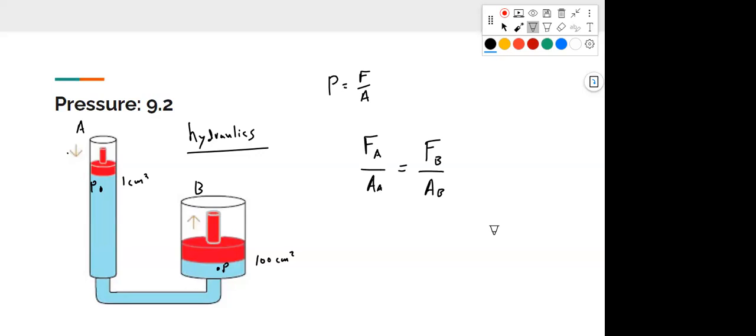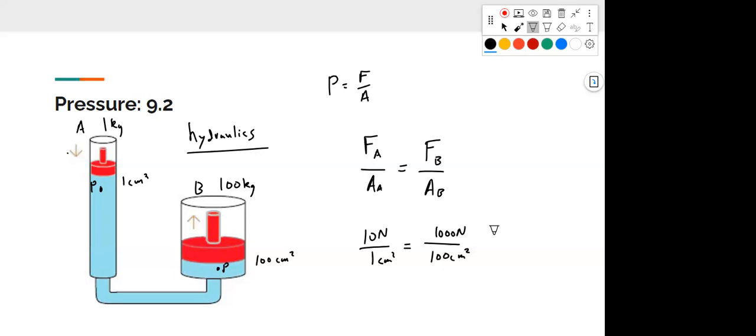So if let's say we applied 10 newtons, so we put a 1 kilogram mass up here over 1 square centimeter, in order for this to be balanced, we would have 1,000 newtons or 100 kilograms on surface B. So if we wanted to balance these two surfaces, if we wanted them to be in equilibrium, we put 2 pounds on the left side, we can put 200 pounds on the right side, and they would balance. Isn't that crazy?